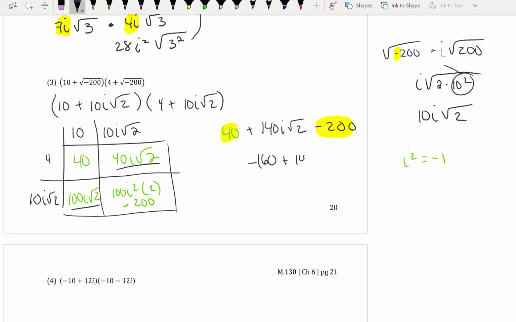And I still have that 140i square root 2. So I decided to make my life a little bit easier by simplifying before I multiplied. And then also I simplified that 100i squared times 2 to that -200.